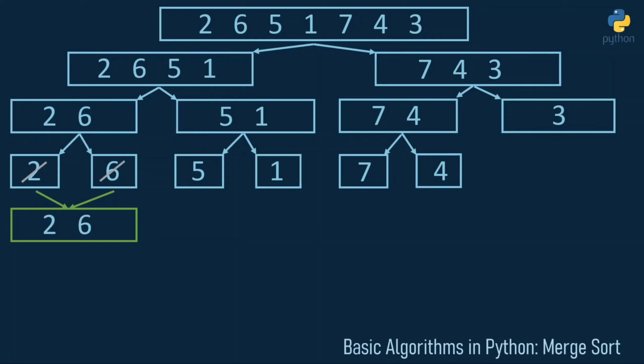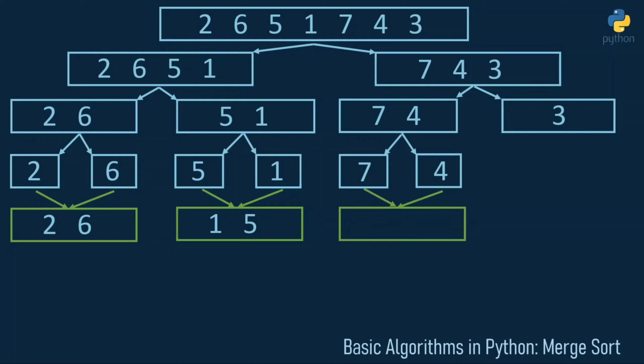We see that 1, when we compare it to 5, is lower, so 1, and then we list down 5. Next 7 and 4: 4 is less than 7, so 4, and then we list down 7. Then 3 will be left untouched because it is a size 1 array.